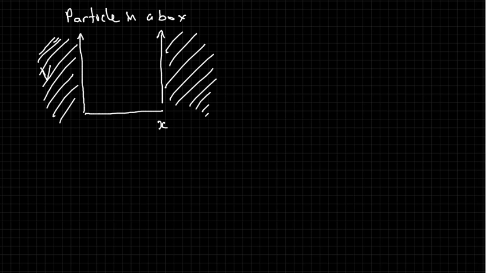It would need infinite amounts of energy to get into this region. And inside of here there's no potential, so this is 0. So the particle can exist in this area, but it cannot go outside of the boundaries. And we call this length L. So basically you've got a well that is a width L across.